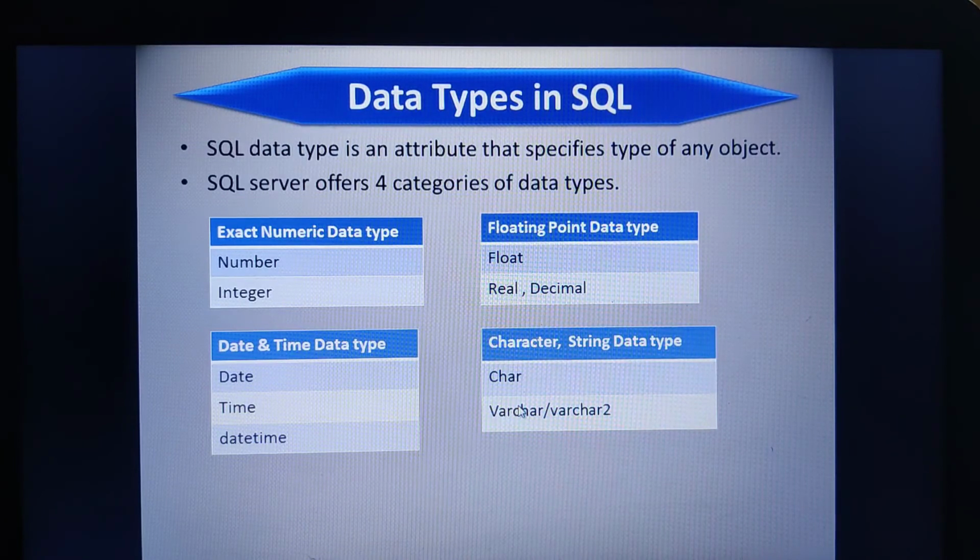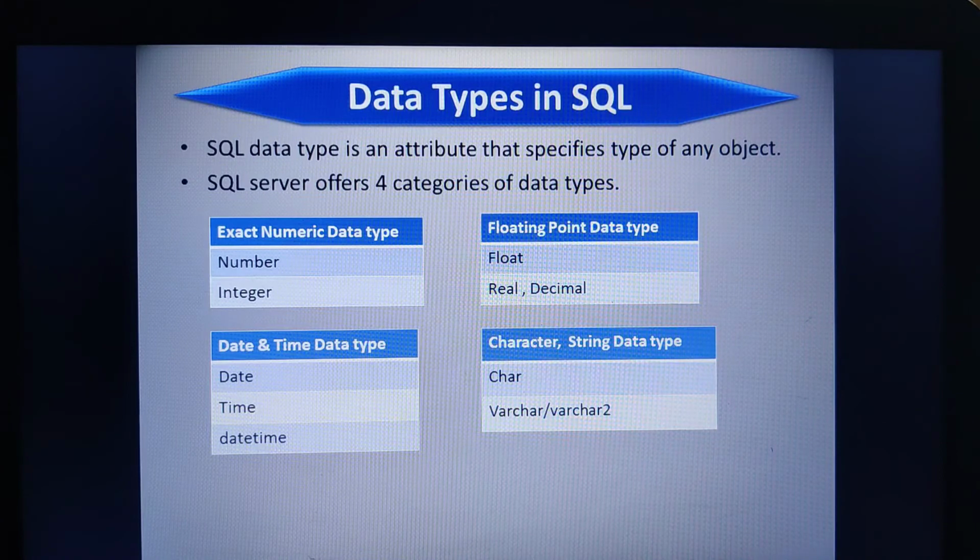Why we use it, I'll tell you. Suppose the student name is Ramesh, and I give the data type as char of 25. I'll store only the name Ramesh. Ramesh hardly takes 5 to 6 bytes, but the size I have given is 25. What happens?